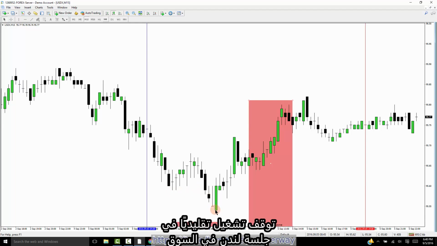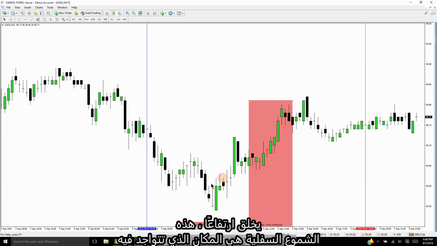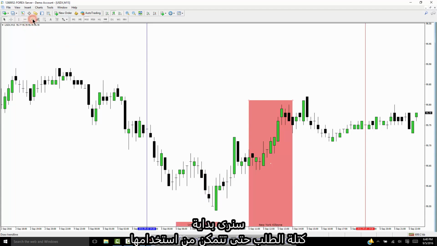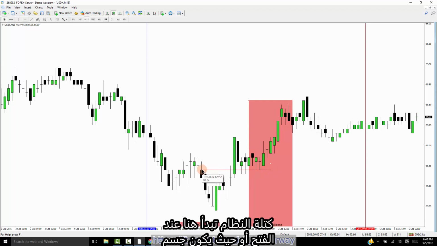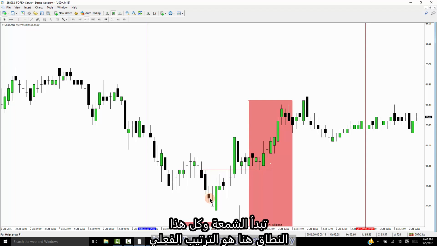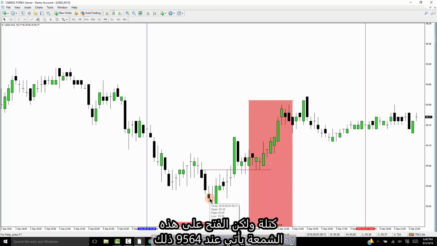You get a stop run traditionally in the London session. The market creates a rally. These 3 down candles is where you're going to see the beginning of the order block. So you can use the body of the candle up to the high. You can see the order block begins here at the open, or where the body of the candle starts, and all this range here is the actual order block.